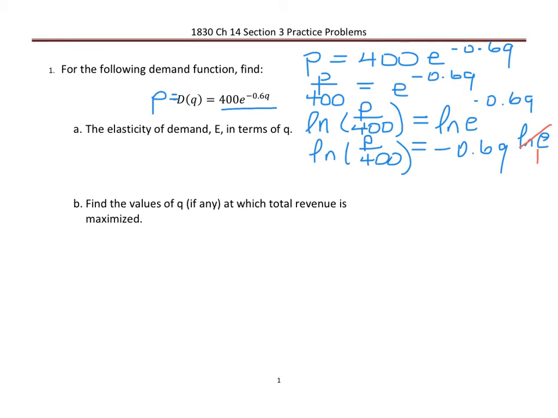So then what we're actually going to need to do next is to actually be able to solve for q. And in order to do that, even though it may seem odd, I'm going to change the negative 0.6 into a fraction.